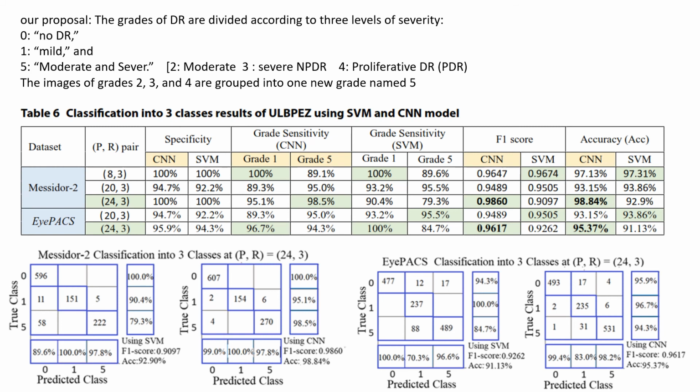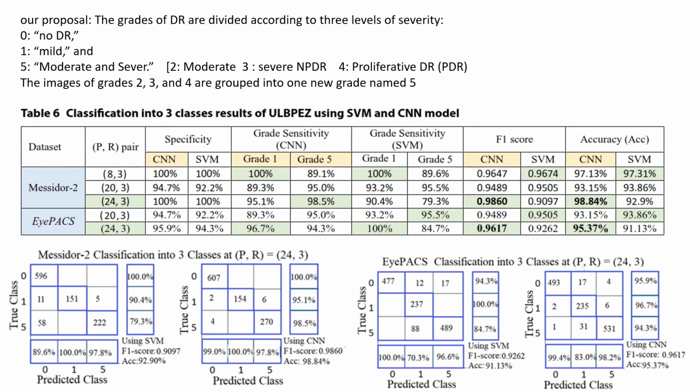Anyway, I proposed this grouping just as the first one: 0, no DR, no diabetic retinopathy. 1 is mild, it's okay. Second, let's say class number 2, moderate, and 3, severe NPDR and proliferative PDR.